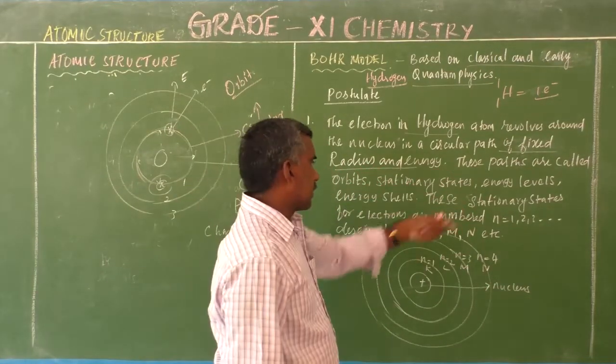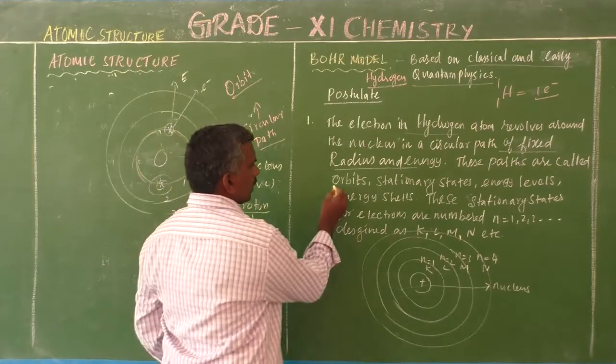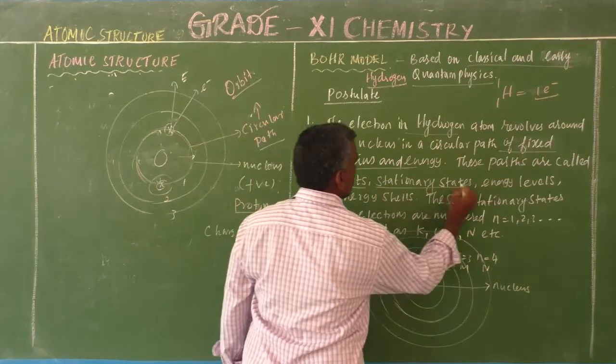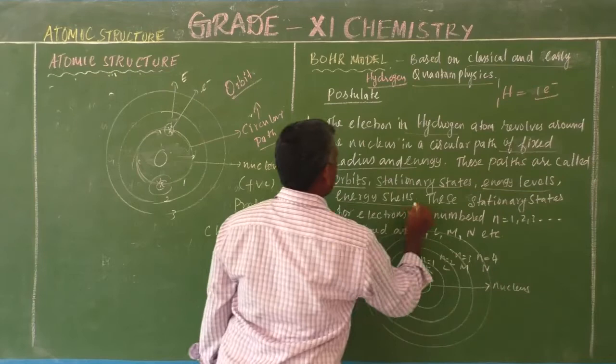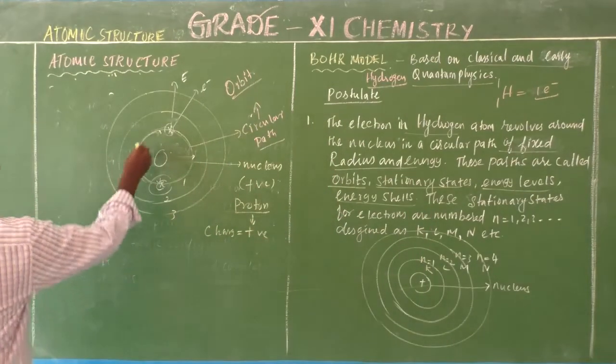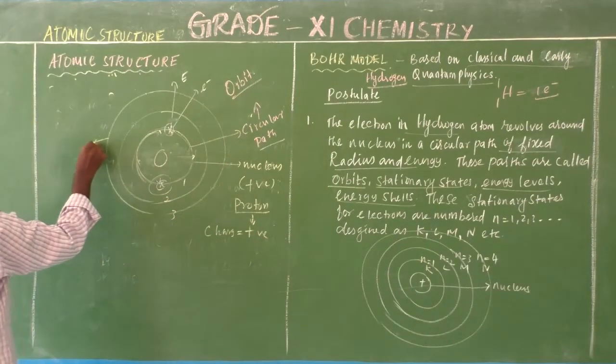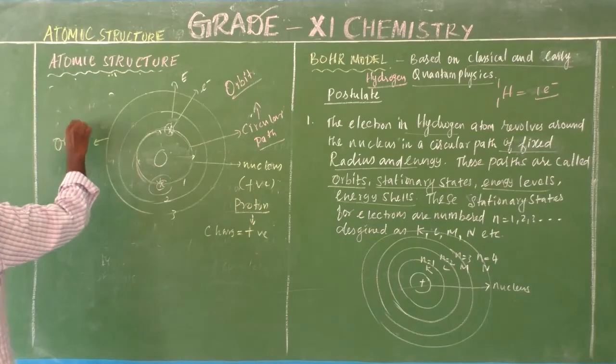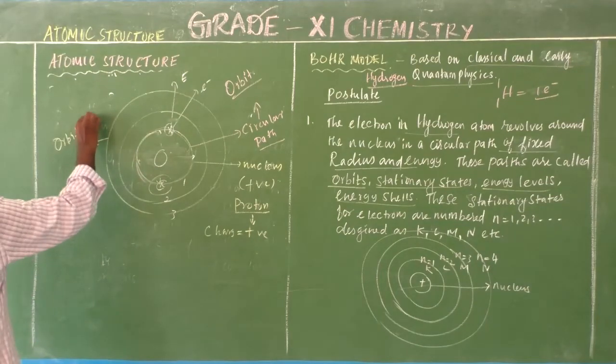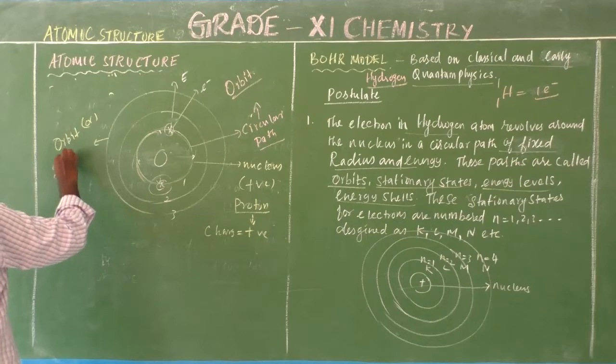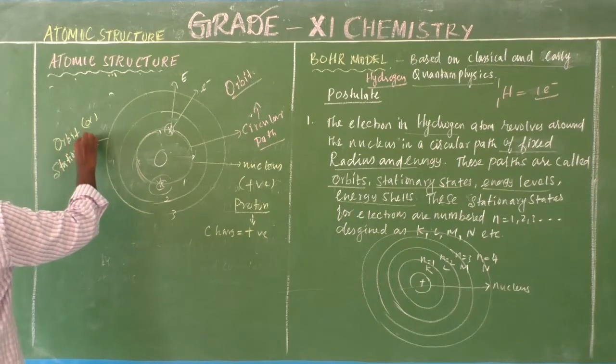These paths are called orbit, stationary state, energy level, or energy shell. Stationary state means it never changes.